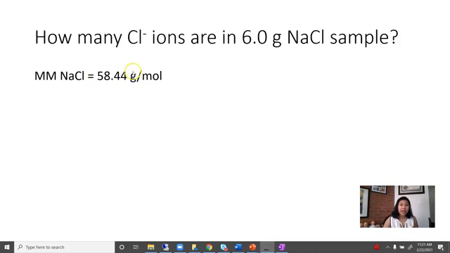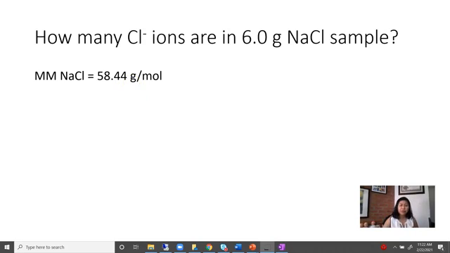So if you add the weight of sodium and chlorine, it will give you the weight of 58.44, numerically speaking. And if we're looking at collective group or a mole of sodium chloride, we're talking about the weight in grams and not in AMU.